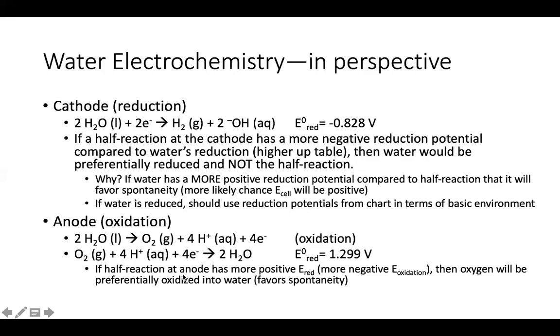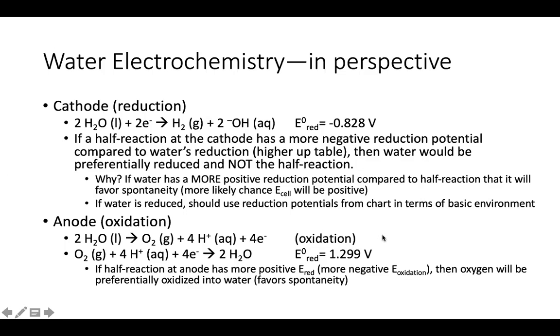Okay, and so if the half reaction occurring at the anode has a more positive reduction potential, which means it's going to be further down that table, it's actually going to have a more negative oxidation potential. And again, remember at the anode, oxidation occurs. And so therefore, in order to help make the cell spontaneous, I apologize, this last portion's incorrect. It would be that water will be preferentially oxidized into oxygen. Okay, so I flipped water and oxygen here.